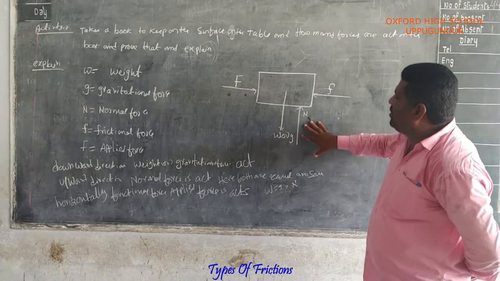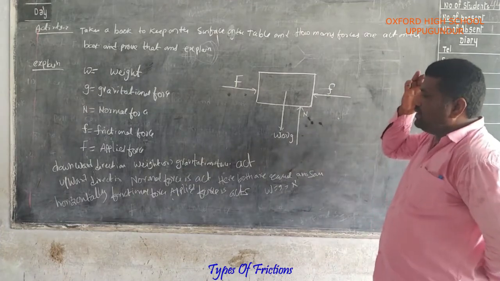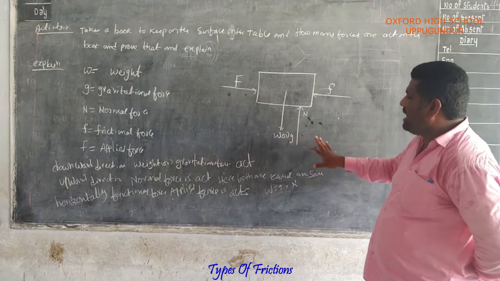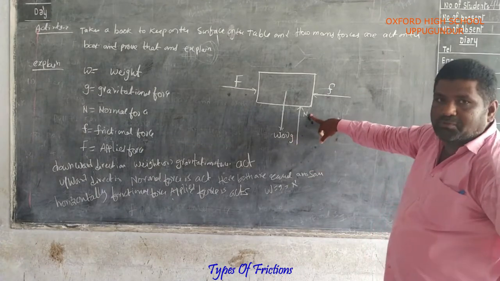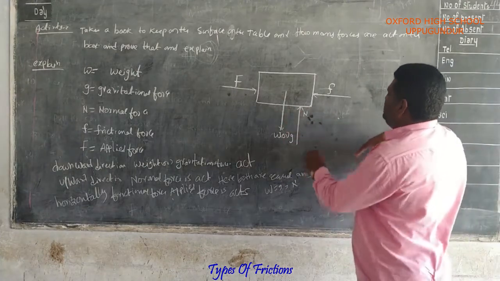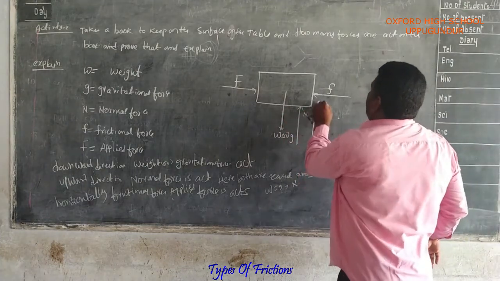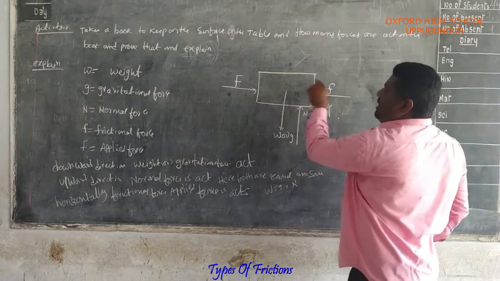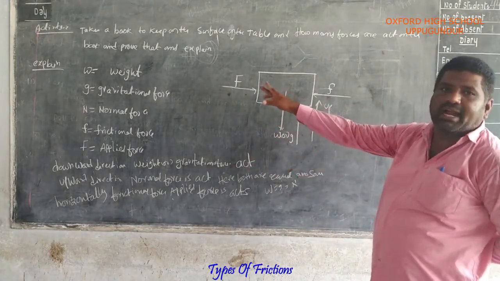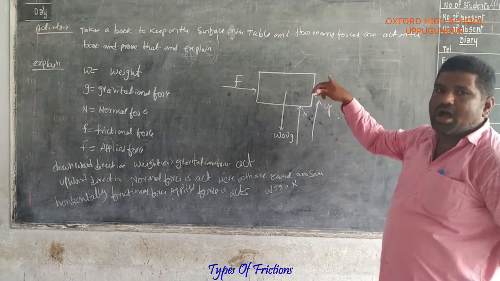So downward, how many forces are acting? In the downward direction, weight or gravitational force acts, and in the upward direction, normal force is acting. In the horizontal direction, two forces are acting: one is the frictional force and the other is the applied force.